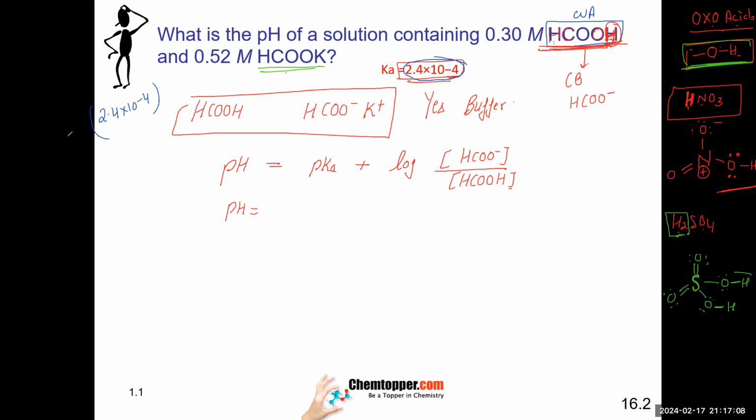If I take the negative log of this, 10 raised to power minus 4 will come in front as 4, and it is left like this: 4 minus log 2.4. You can write it like this. Otherwise, you can use your calculator. So the pKa will be slightly less than 4.